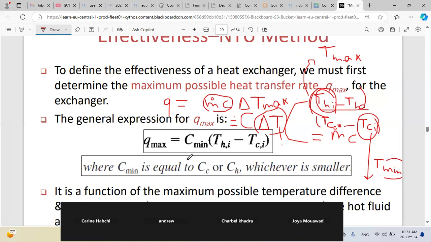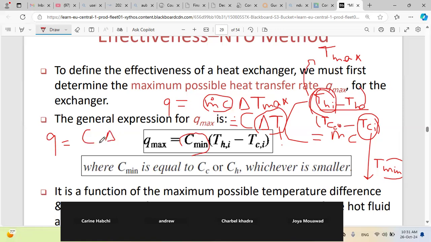Now, why are we multiplying by C minimum and not C maximum? What do we mean by this? You have a hot and cold fluid, okay? And for any of these fluids, the heat transfer can be written as big C times delta T, okay?